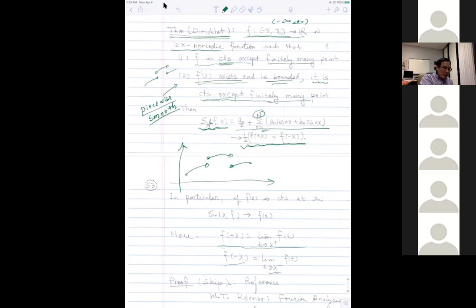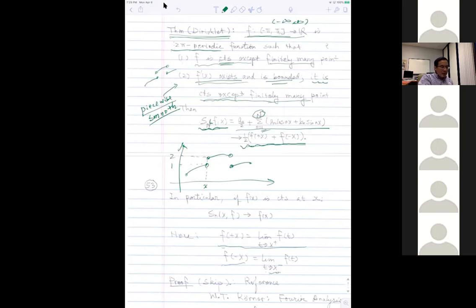Like if this point is x here, what would be f? Let me say this number is one. This number is say 2. Okay, the scale is not good.